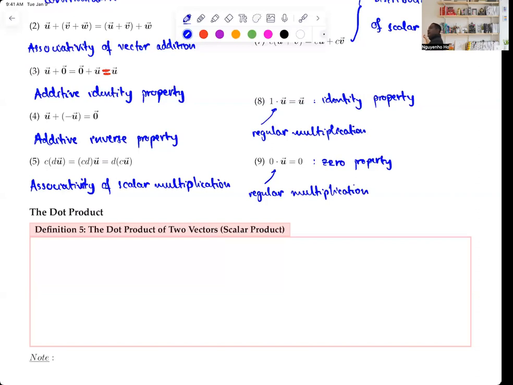You with me on that? Therefore, you should have 0, 0, 0, and this should be a zero vector. Can you change this? Instead of just the scalar 0, this should be a zero vector. Does that make sense to you? Good.